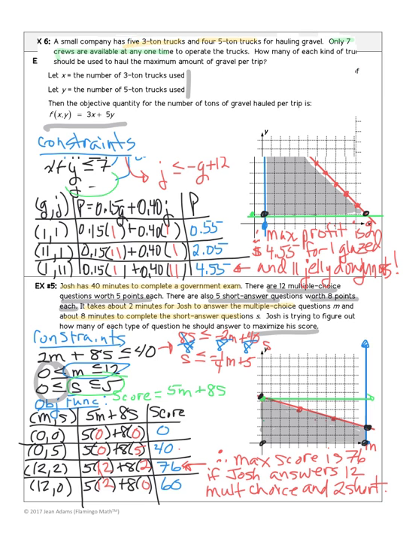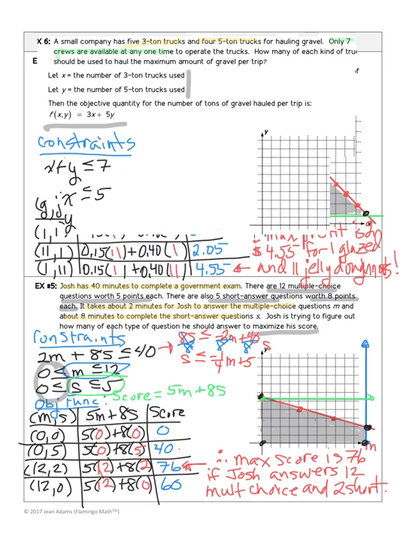We might have 7 crews available, but X, the number of 3-ton trucks, has to be less than or equal to 5, because we only have 5 of those. And our other restriction is that we only have 4 5-ton trucks, so the number of 5-ton trucks is limited to 4. So Y has to be less than or equal to 4.